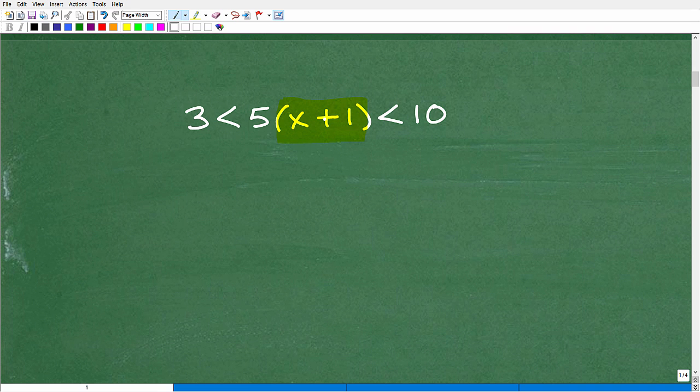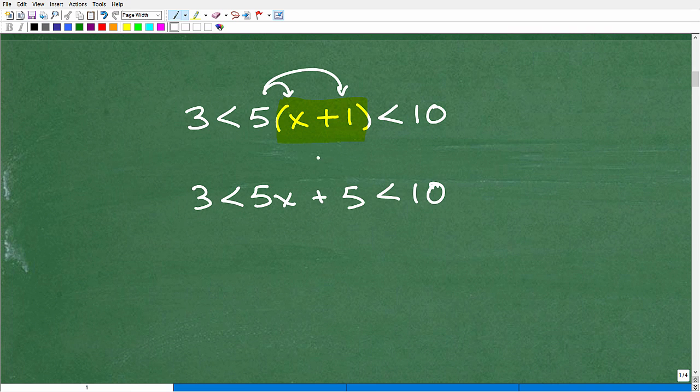But let's get you to solve this one here. So this is going to be 5 times x plus 5 times 1. So this is going to be 3 is less than 5x plus 5 is less than 10. Anytime you have parentheses around a sum or difference, you have to use the distributive property because we can't do anything with those terms until we have done that. So that's the first thing we need to do.